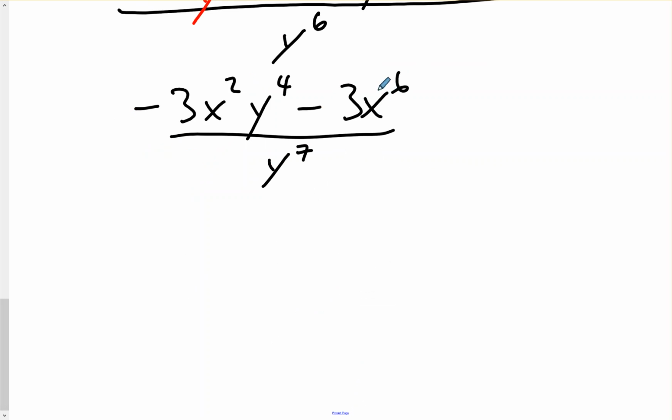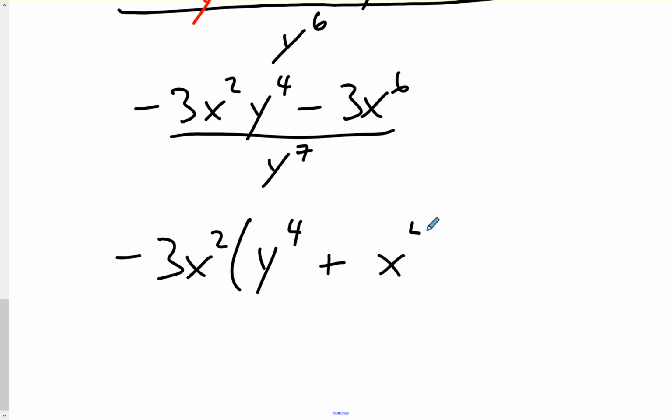Okay, and then I could factor out negative 3x squared. That means I'm left with y to the fourth plus x to the fourth over y to the seventh.